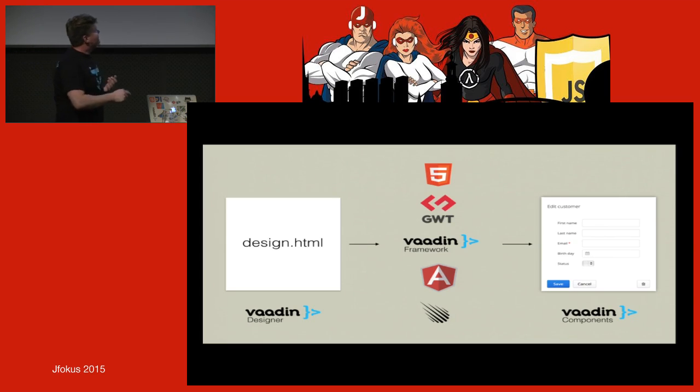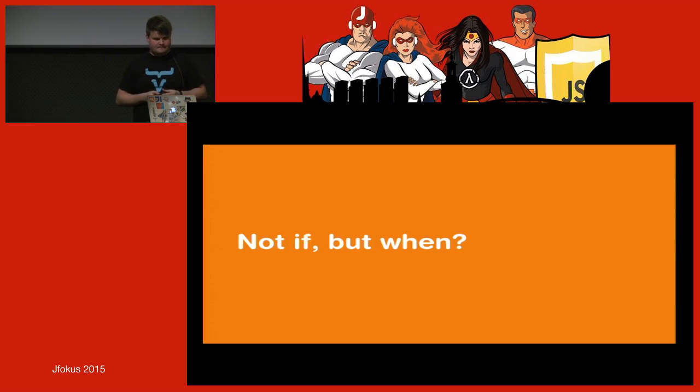So why not have full-fledged support for all of these frameworks, in a way that you could design with Vaadin Designer, let's say, a GWT UI that is using Vaadin components. That way we could expand and leverage this web components trend quite a bit more. So this is what we are thinking right now. We haven't done that yet. We are experimenting with that at the moment.